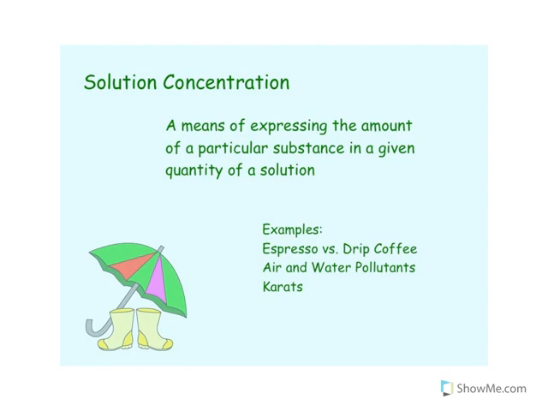Another common way of measuring solution concentration actually refers to a solid solution, and that is gold. The term carat is a measure of the concentration of gold in an alloy. 24 karat gold is pure gold, and 12 karat gold is 50% gold and 50% other metals.